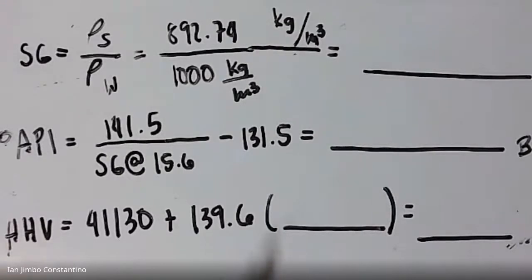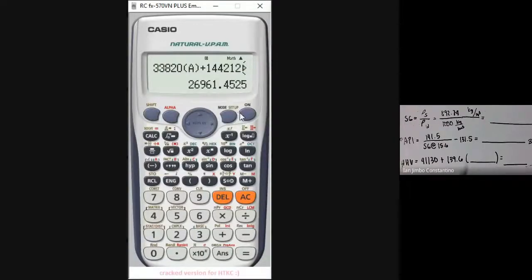So let us use again our calculator. Okay, we will clear the values. Shift, clear. Okay. So first we will solve for the value of your SG at 15.6 degrees Celsius.